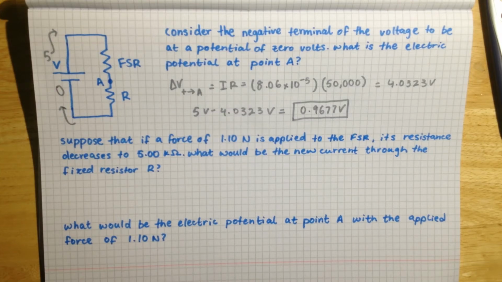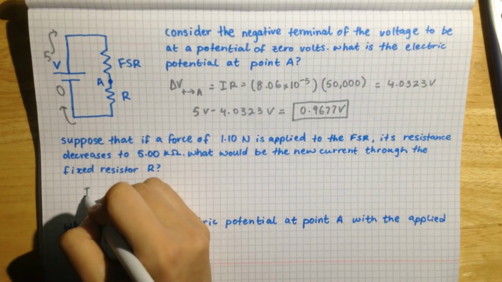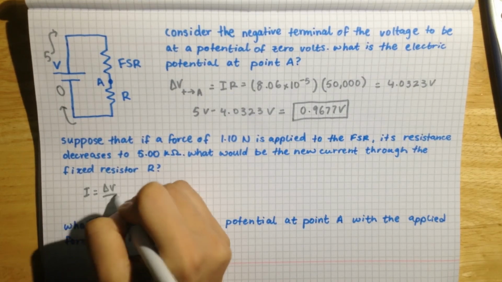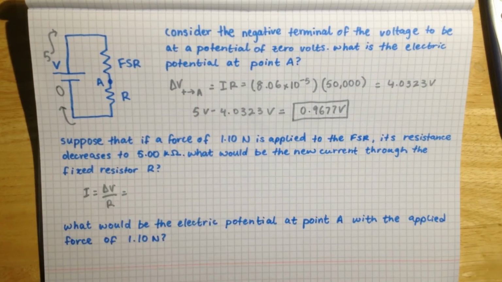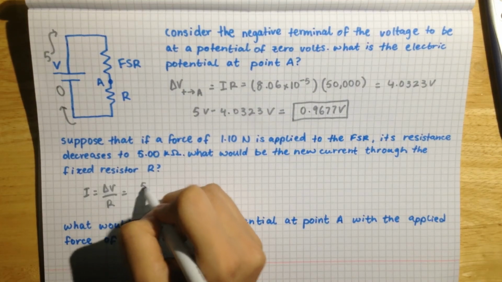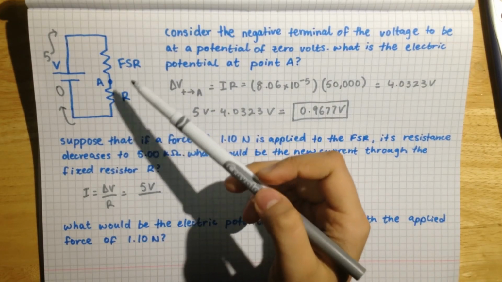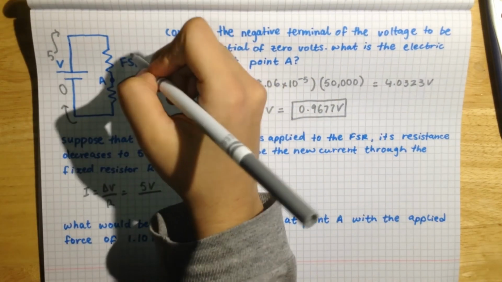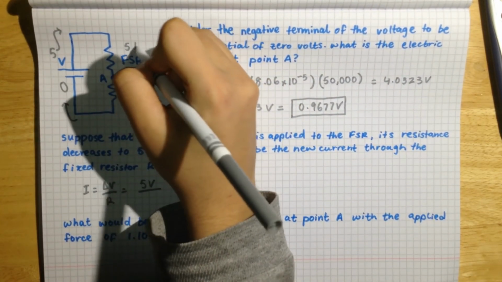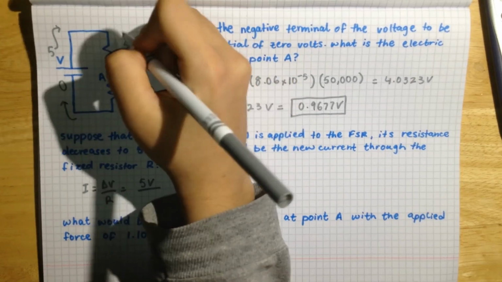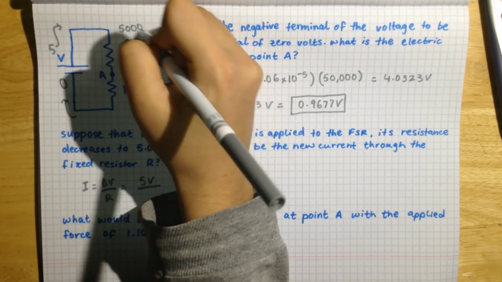So we are asked to find the current, and current is equal to V over R, so I is equal to the change in voltage over the resistance. So the voltage is still going to be 5 volts, which they initially gave us in the original setup of the problem. And this time, the resistance is still going to be the sum of these two, except this time, this one is 5 kiloohms, and that is 5,000 ohms.